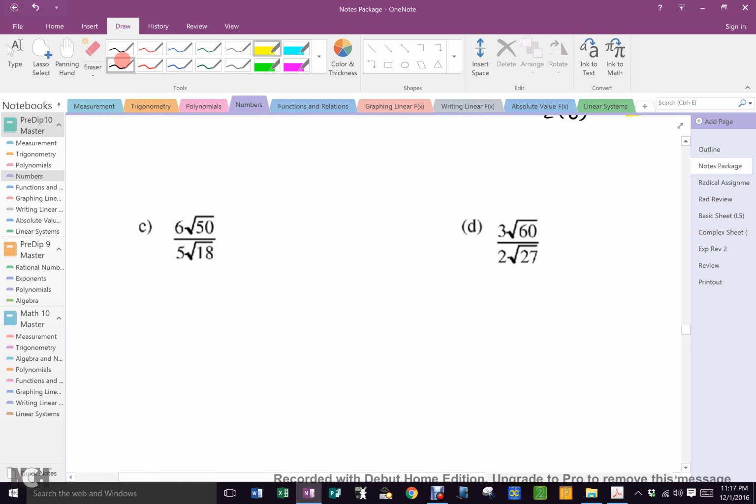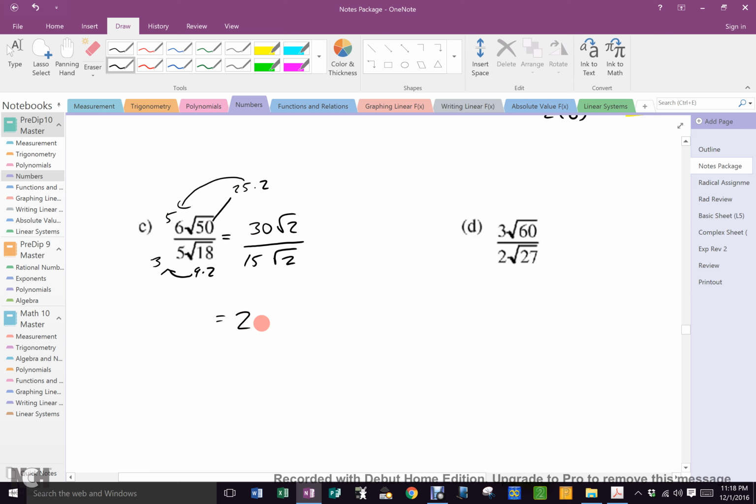Same thing here. I got to get rid of the radical. But these are big numbers, so I'm going to simplify, because that is 25 times 2. So out comes a 5. 30 root 2 over, that's 9 times 2. So out comes a 3, which is 15 root 2. 30 divided by 15 equals 2.